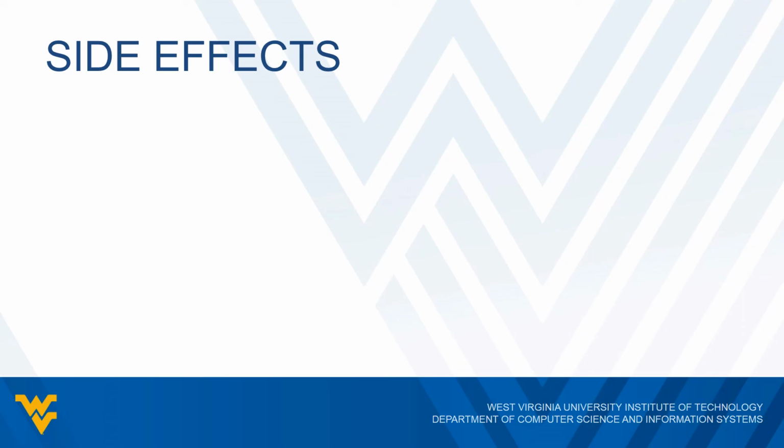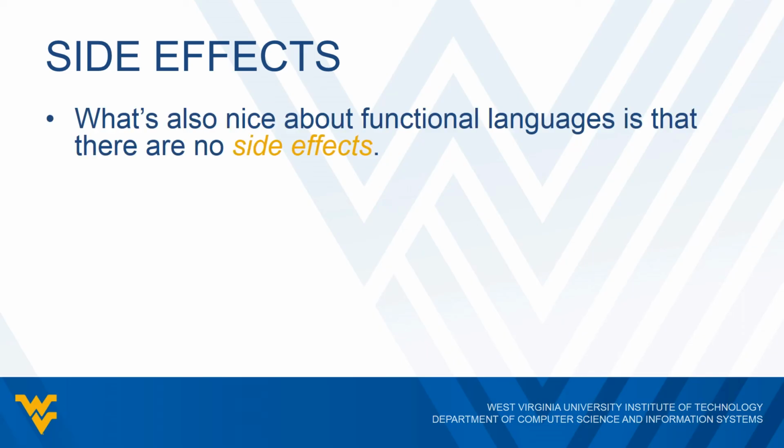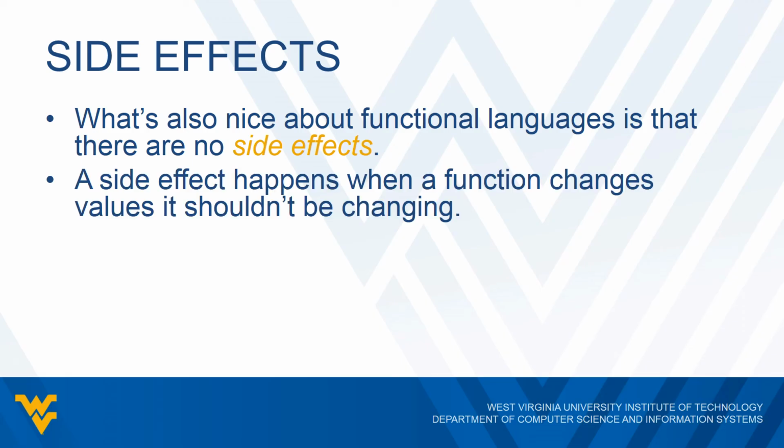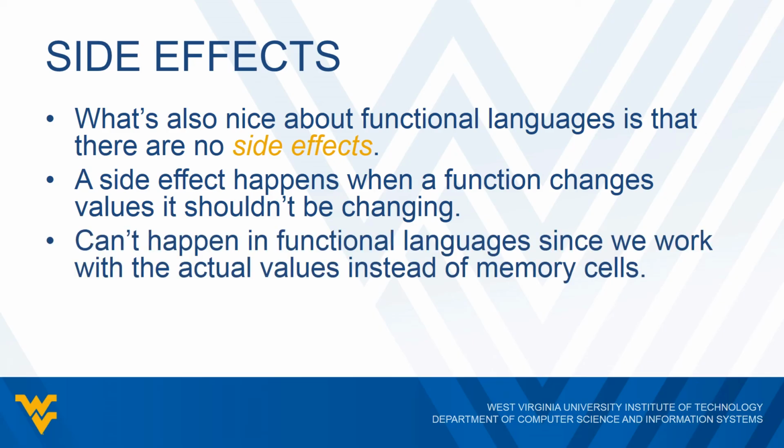One of the benefits with functional languages is that there aren't any side effects when doing all the computations. A side effect is basically whenever a function would change a value that should not be changed. The reason this doesn't happen in functional languages is because instead of working with the memory addresses, we're working with the actual values.